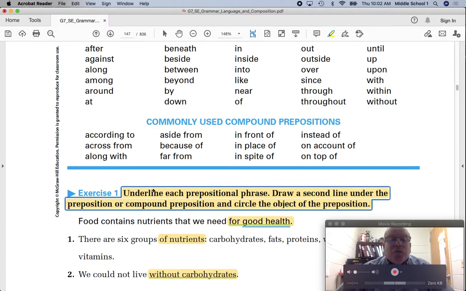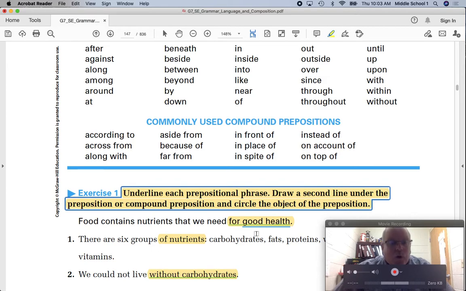Again, those of you who were with us last year will remember that we did that to identify the prepositional phrases. One additional example, food contains nutrients that we need for good health. You will notice that the preposition is for, object health, the entire phrase for good health.